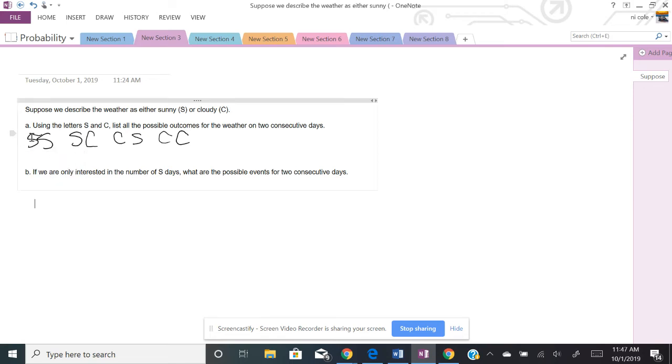Okay, so I do have sunny twice, so I have 2 days that it is sunny. But these 2, I have it sunny once. So I have a possible outcome of 1 day of sunny. And cloudy twice means I have 0 days. So my possible events for 2 consecutive days would be 0, 1, and 2, which is different than the probability. So note that this is asking what are the possible events versus the probability.